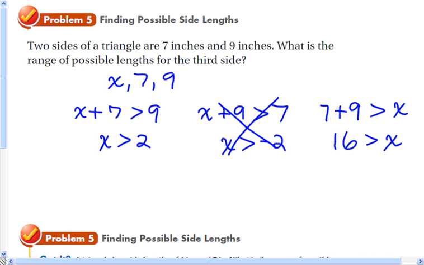And we're going to say that x has to be greater than 2, and also x has to be less than 16. So we can write these as a compound inequality. 2 is the smallest possible value. Actually, it has to be more than 2. 2 wouldn't work. So 2 is less than x is less than 16. So the range of possible values are between 2 and 16, not including 2 or 16.